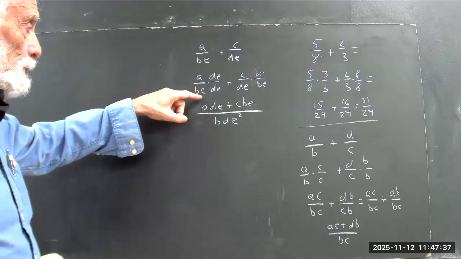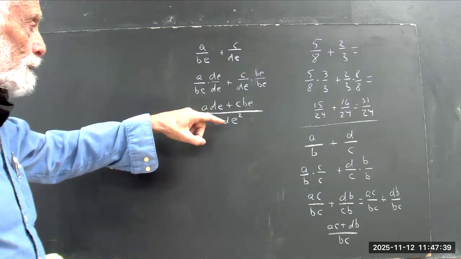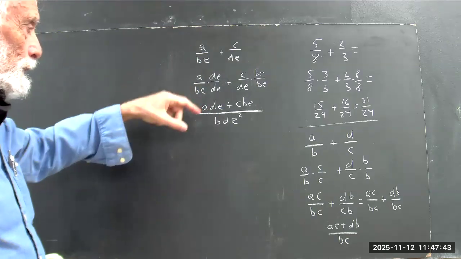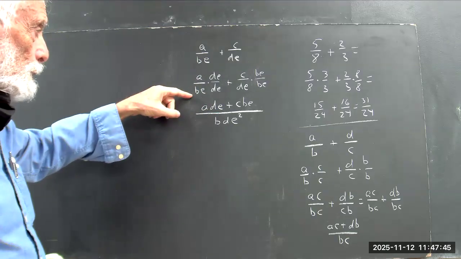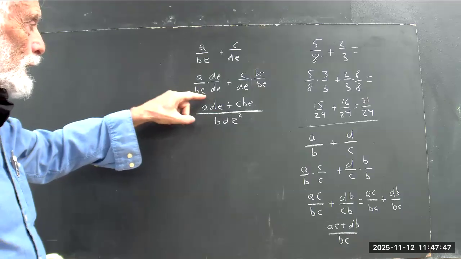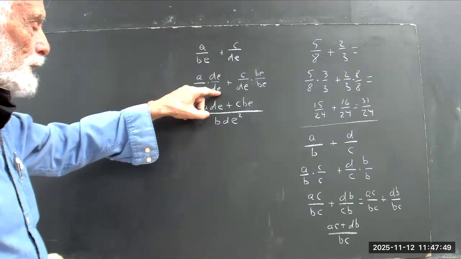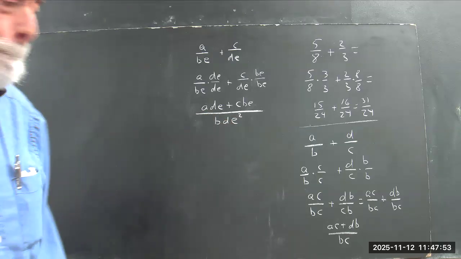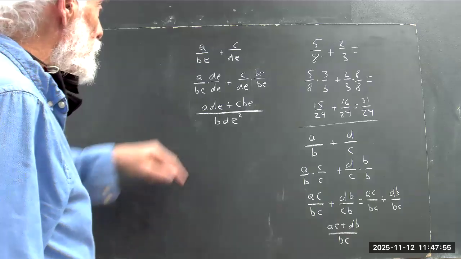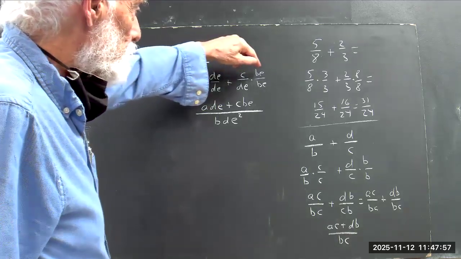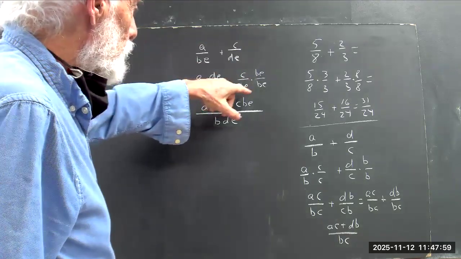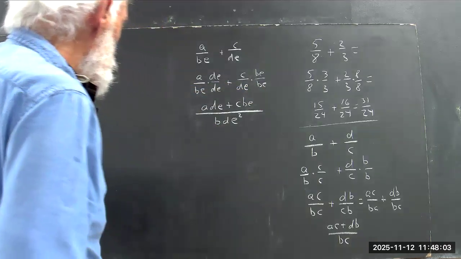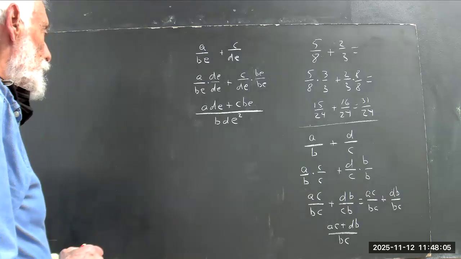My denominator here is BEDE. Well, BE times DE, we can put it in alphabetical order, B first, D second, and then two E's, E times E, that gives us E squared. Okay. And here, same thing, we're going to get CBE, and we're going to get a B, a D, and an E squared. Okay.